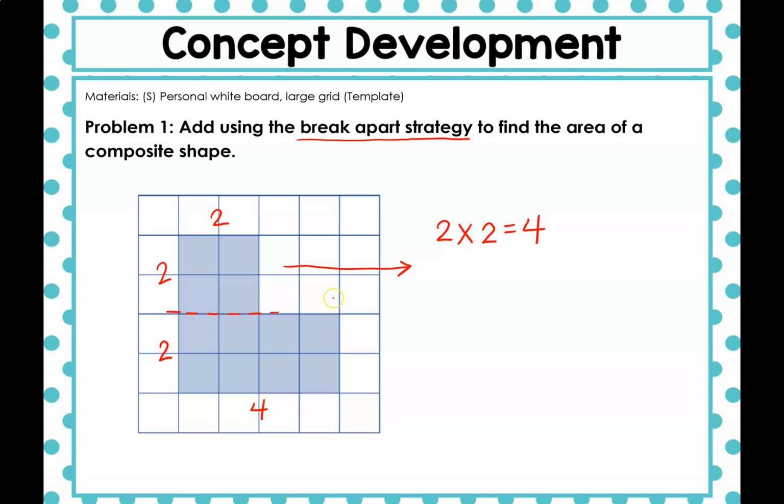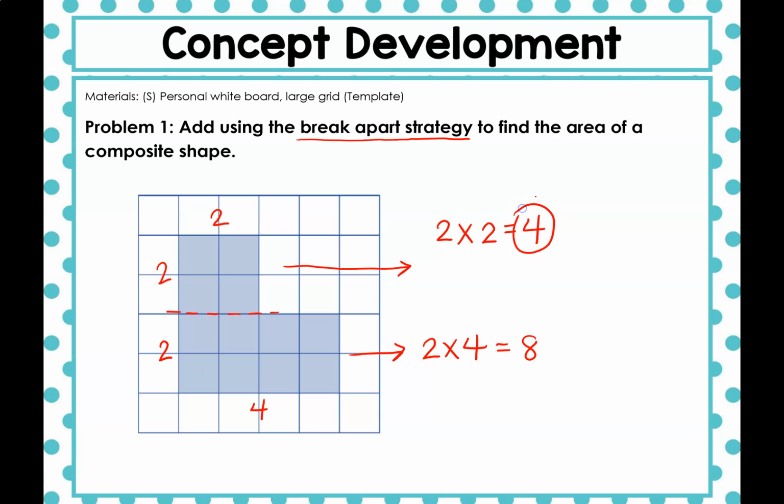Now keep in mind, we don't need to measure all of the side lengths because to find the area, we only need the length and the width. So for this shape, we would multiply 2 times 4, which equals 8. Now in order to find the area of the whole shape, we're going to add those together.